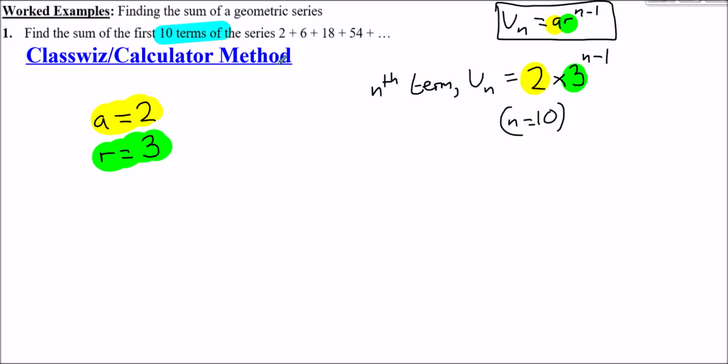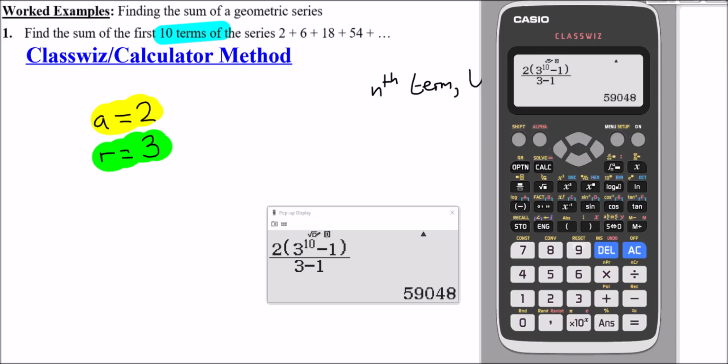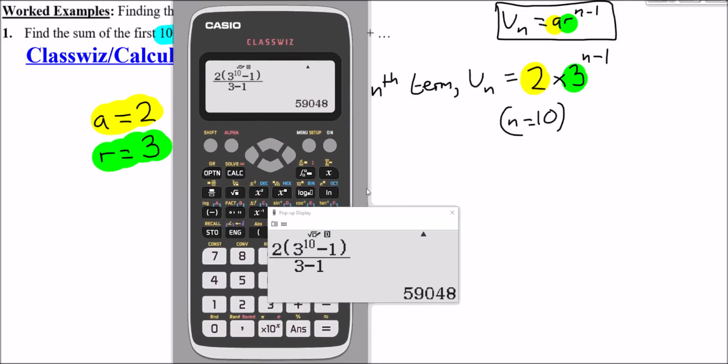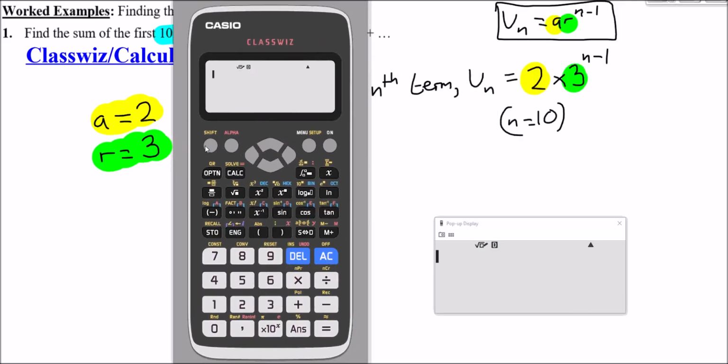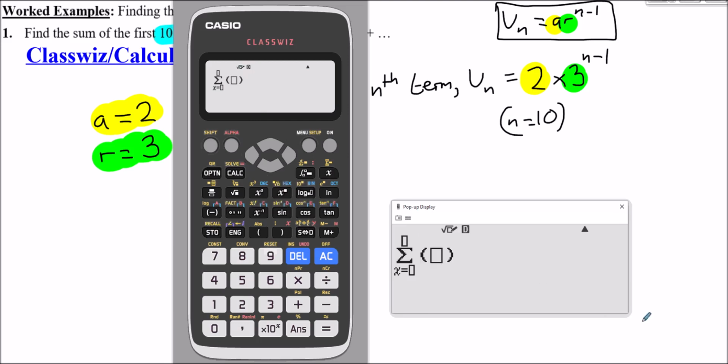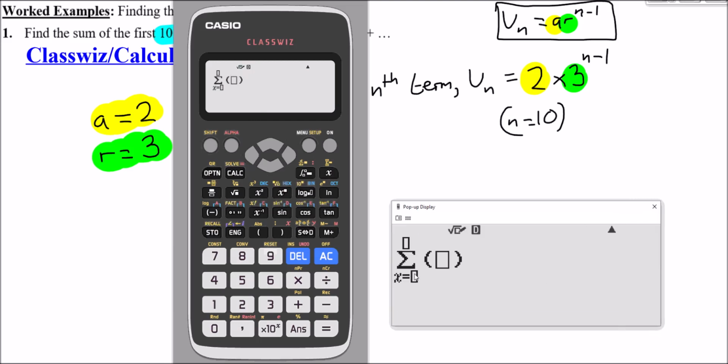So the sum of the first 10 terms, we can use a calculator like so. What we're going to do here is press Shift and then X to get the sigma notation, which I'm going to make bigger so you can see it clearly. Sigma means sum, and we're going to have a lesson on this notation in its own right, but it can't hurt to just give you a bit of extra information now in advance.